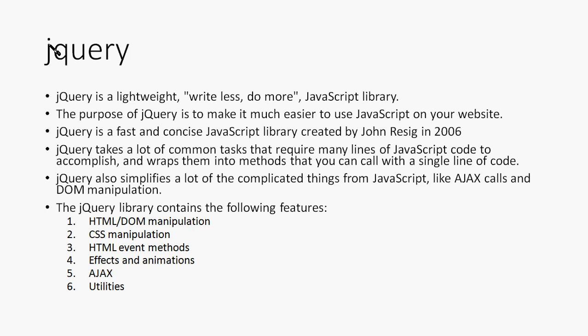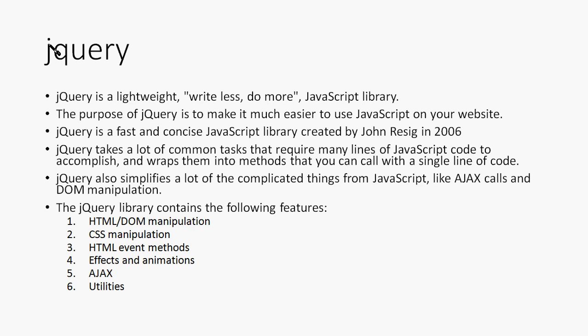The jQuery library has a lot of functions or code for doing common tasks. So we can use these functions by just calling a single line of code instead of writing the entire code. jQuery simplifies a lot of complicated things from JavaScript, like Ajax calls and DOM manipulation.